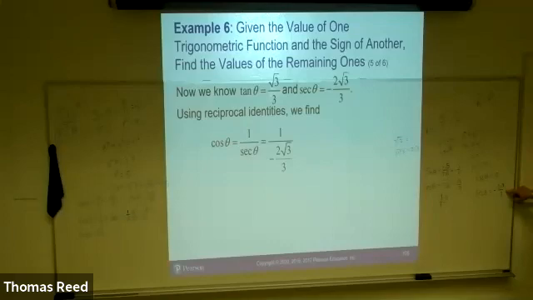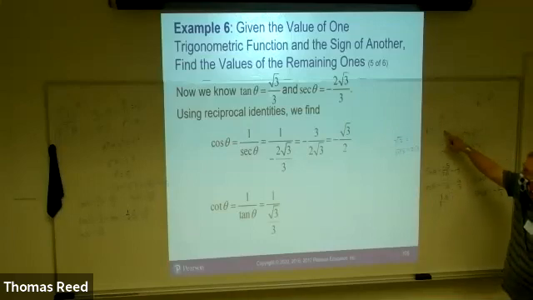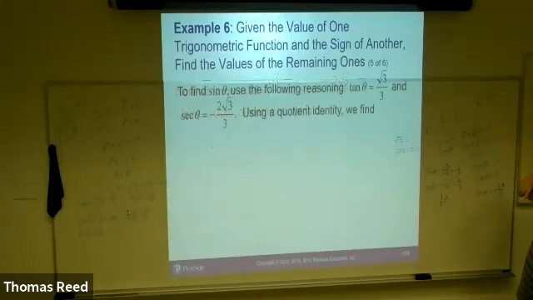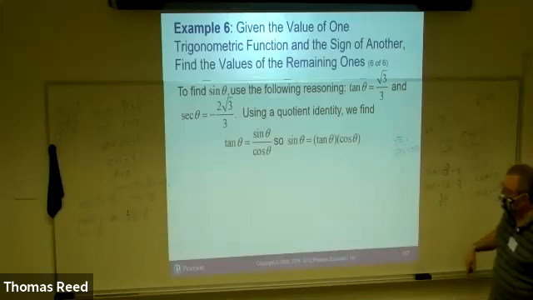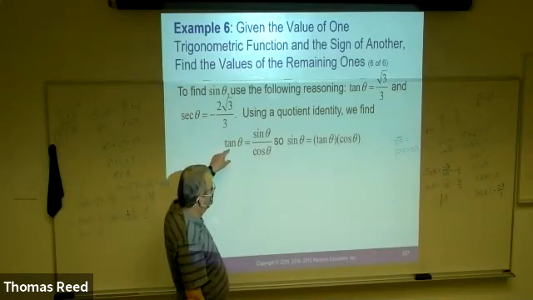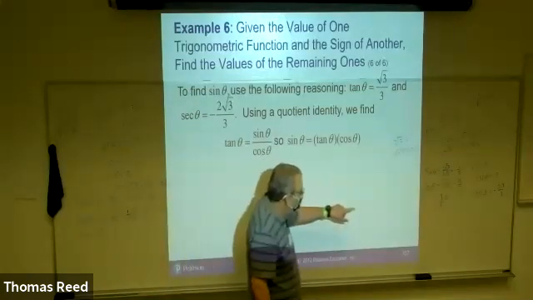And cosine, you do the reciprocal of this, which gets you to here. And then tangent is just the reciprocal of this, which brings you to the square root of 3. Oh yeah, and then to find sine, they did it this way. So tangent times cosine.